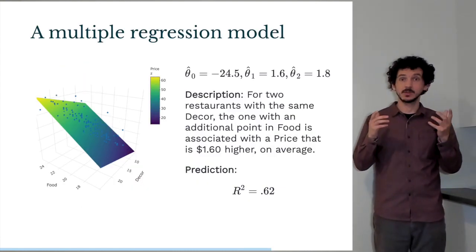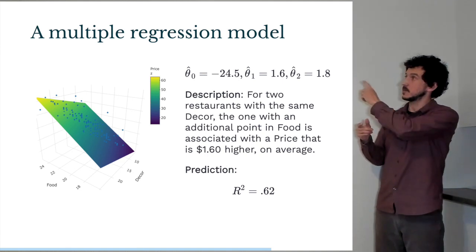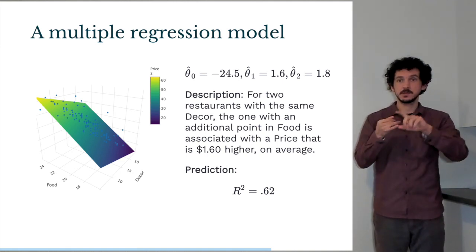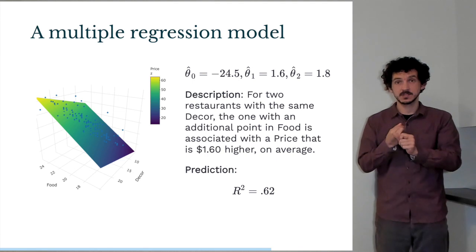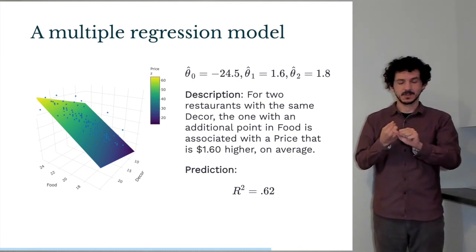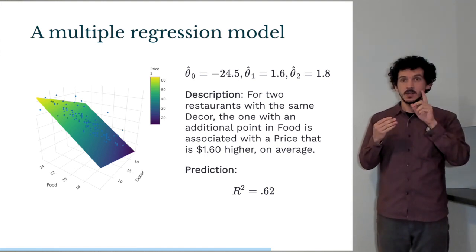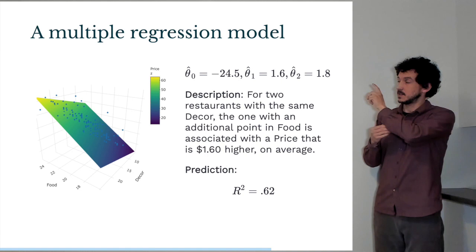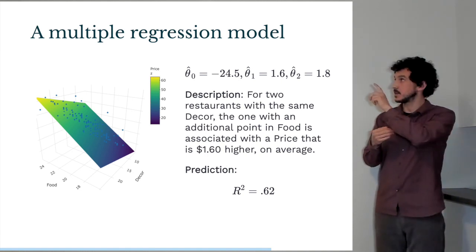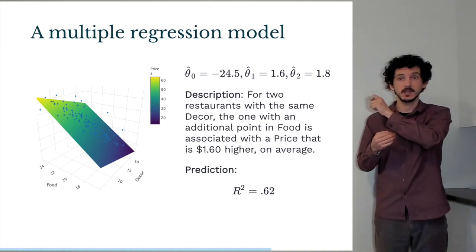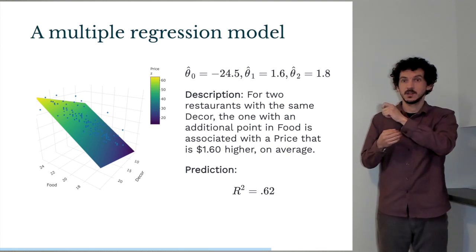Okay, so that is our new 3-dimensional model. So let's look at our actual estimates. Our least squares estimates here, now we have 3 of them. We have the intercept, we have theta 1 hat, the coefficient in front of food, and then we also have the coefficient in front of decor. Now, notice that theta naught and theta 1 have changed a bit. Theta 1 previously was 2.9, and now it's 1.6.